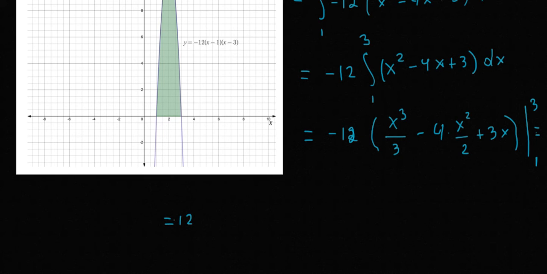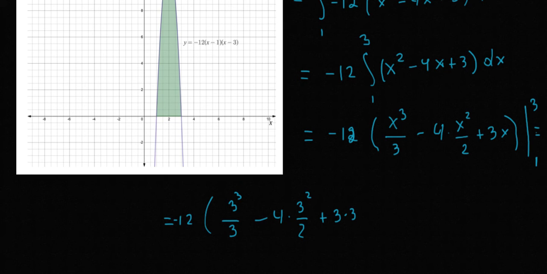Plugging in x equals 3 gives us 3 cubed over 3 minus 4 times 3 squared over 2 plus 3 times 3.